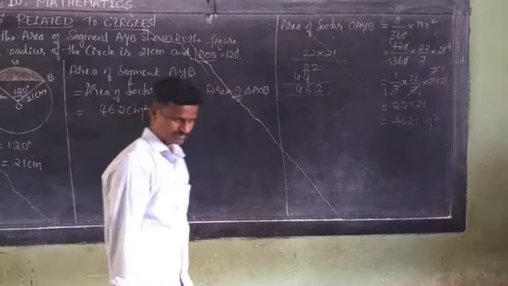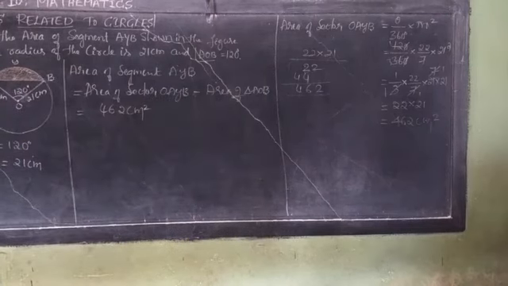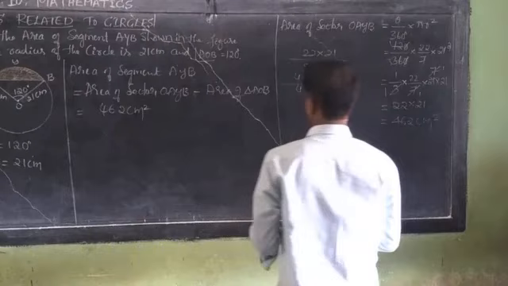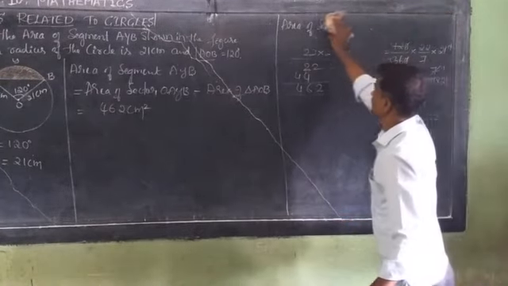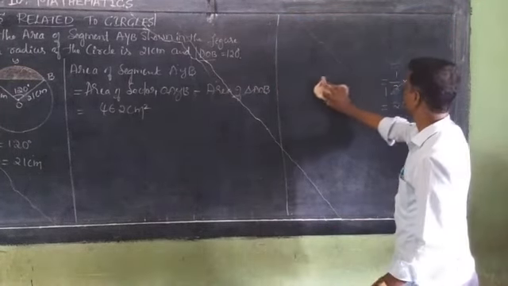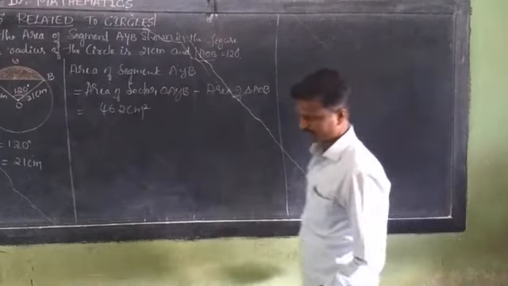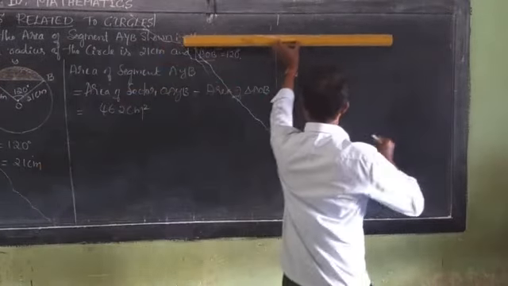Now we have to find the area of the triangle AOB. Here AOB is a triangle.